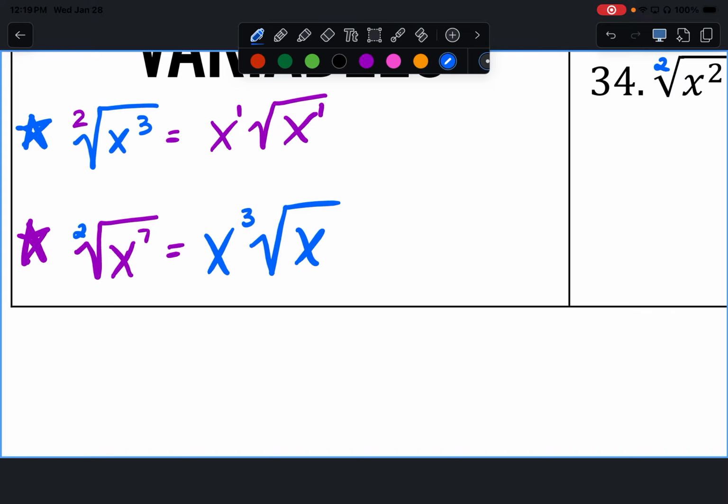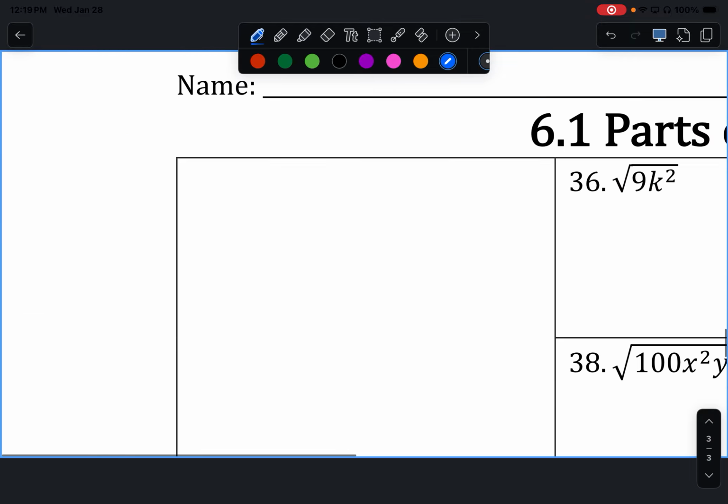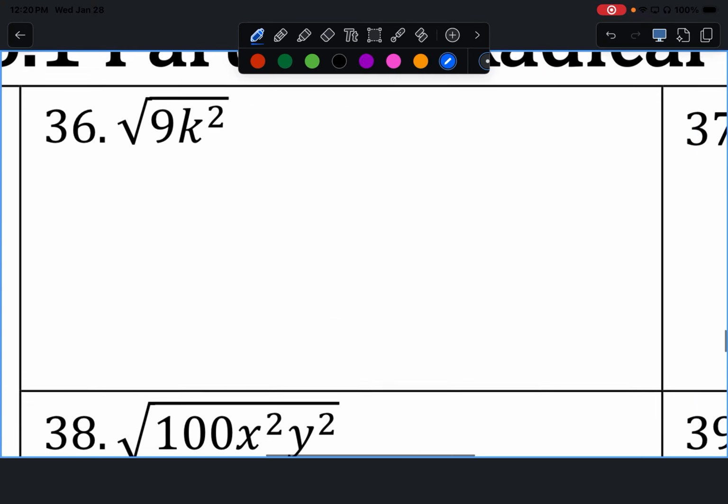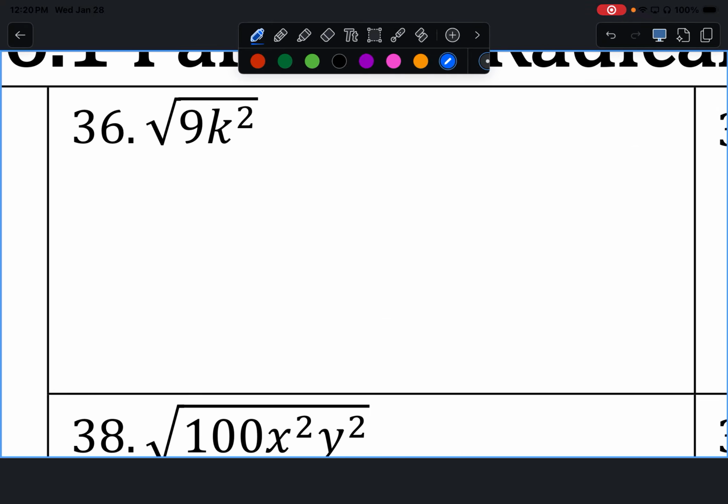All right, now we're going to look at the back, and we're going to go to question 36. For question 36, we're going to look at what to do when there's multiple things happening at once. We have a 9 and we have k squared.